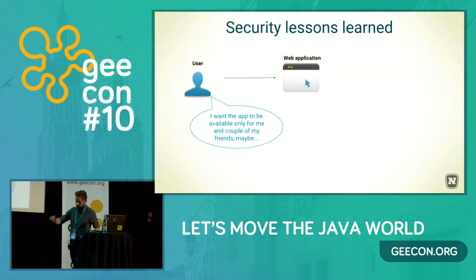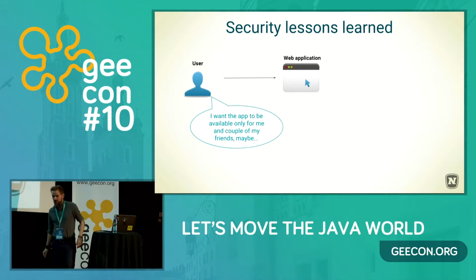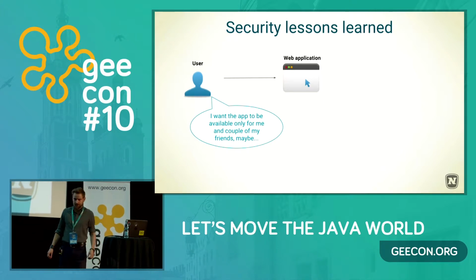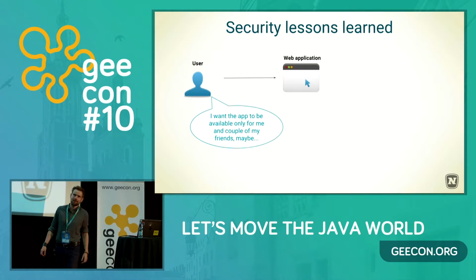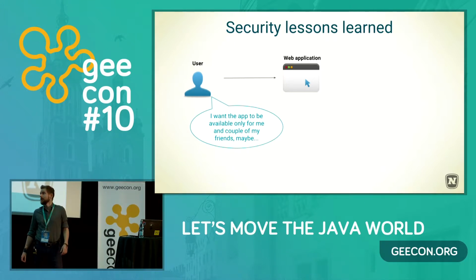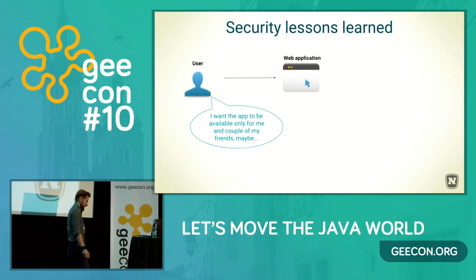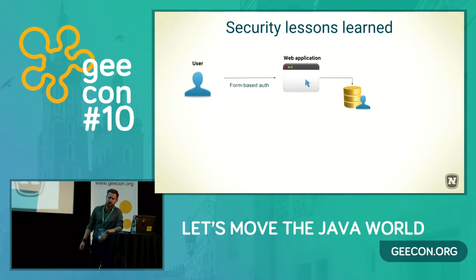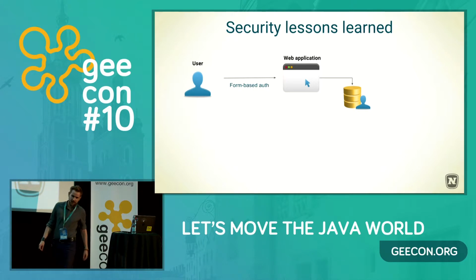Let's start really basic. Imagine the smallest business possible with a single web application and a bunch of users. It's a fair assumption that at some point, those users wanted authenticated access to our web application. Typically, we almost immediately figured out what to do. We implemented form-based authentication, and then we hooked up some database.